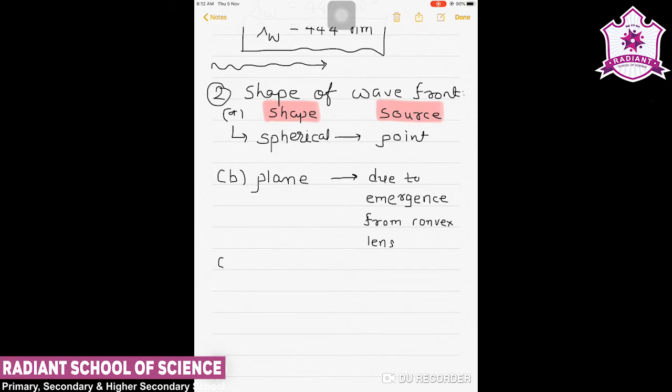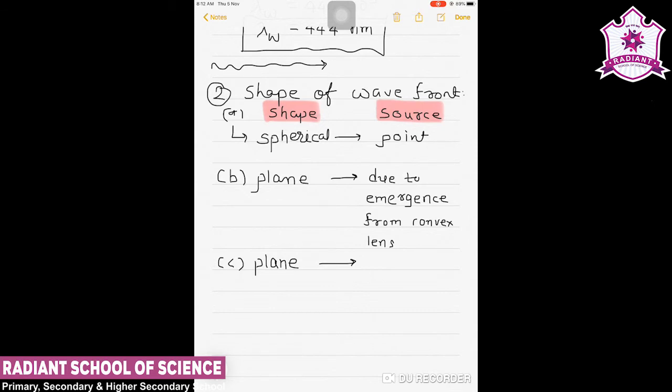Now example number 2's C part. The portion of the wavefront of light from a distant star intercepted by the earth. So again the shape will be plane, because the object is coming from very far away. A small portion of a spherical wavefront of a very large radius is nearly planar.